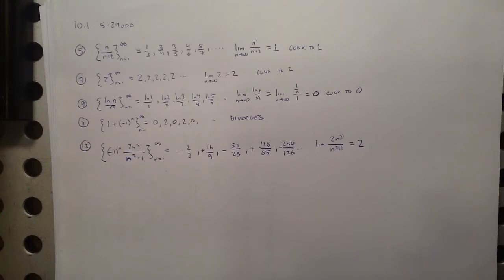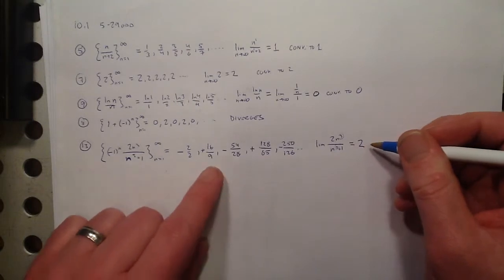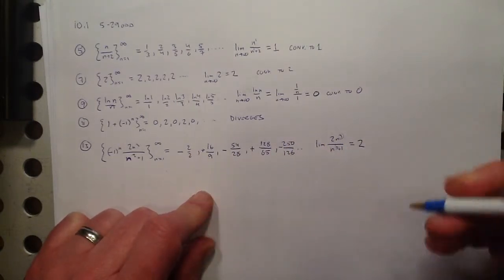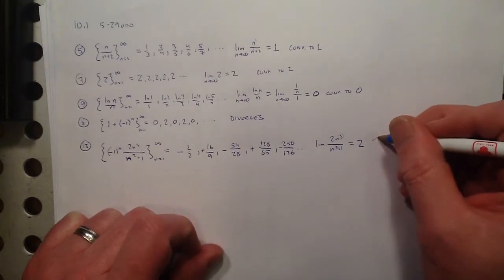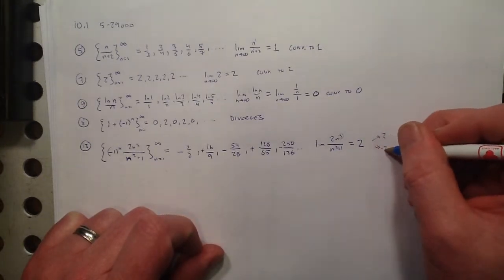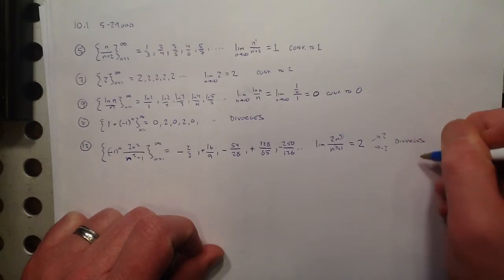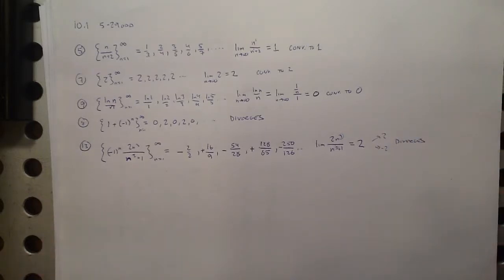So, well, that looks kind of promising, but it's sign flipping, right? So that means half the terms are going to be going to 2 and half are going to be going to negative 2. So this goes to 2 and negative 2, so this diverges. And maybe it's worth noting here that if you have an alternating sequence of numbers, the only way an alternating sequence can converge is if it converges to 0.